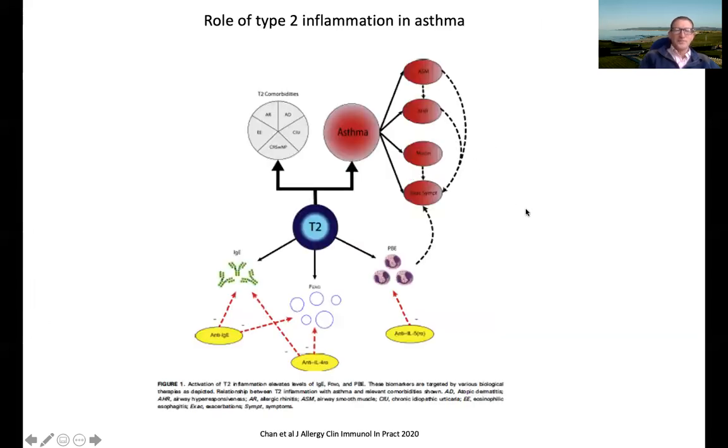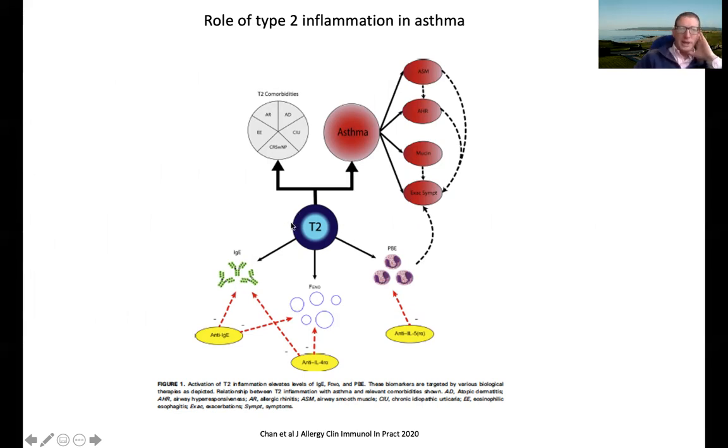This next slide is something we just published recently in the Journal of Allergy and Clinical Immunology: In Practice, just to show you the role of type 2 inflammation with asthma. So these are the biomarkers: IgE, exhaled breath nitric oxide, FeNO, and peripheral blood eosinophils.